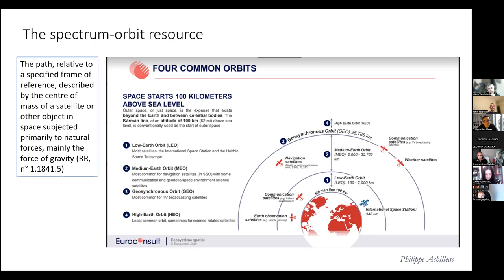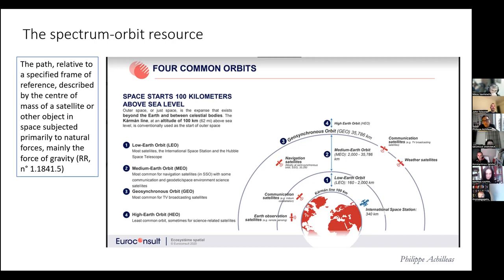At this position, the satellite keeps a fixed position relative to the Earth, because the satellite is rotating at the same speed as the Earth. So it's very convenient to have permanent communications, and also to broadcast programs via satellite.